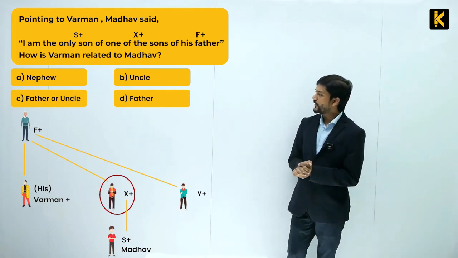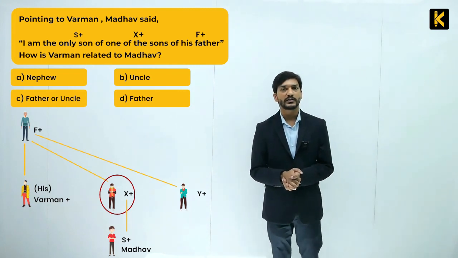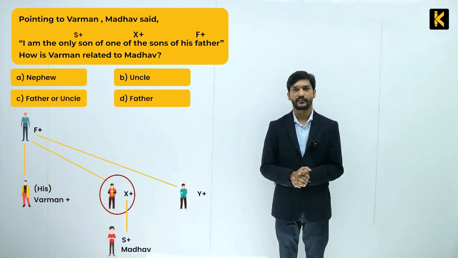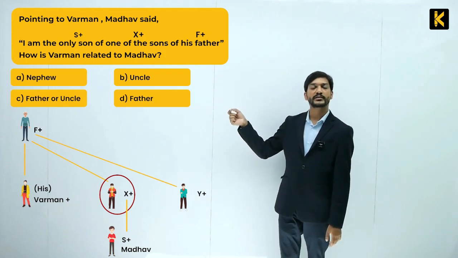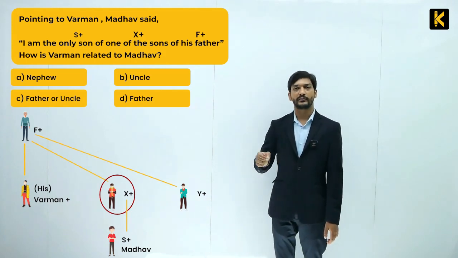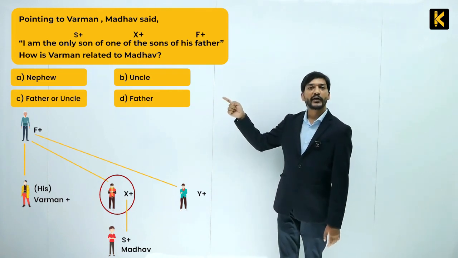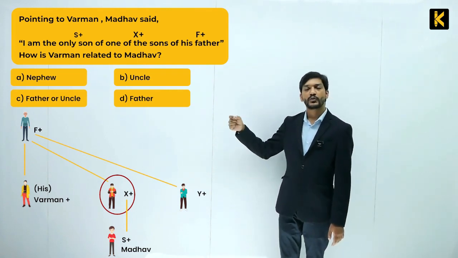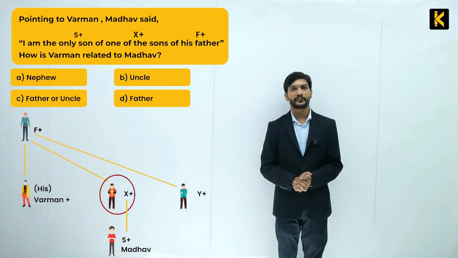So if you are observing, Varman, X and Y are what? They are brothers. So X is the brother whose child is Madhav. So the child of X is Madhav. So the brother of X will be the uncle of Madhav, yes or not?